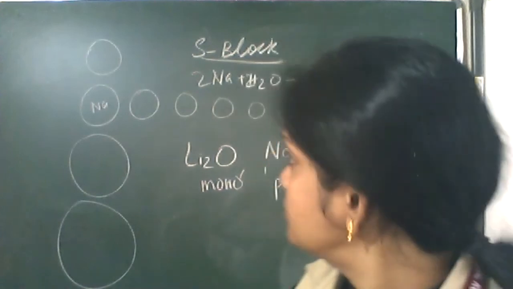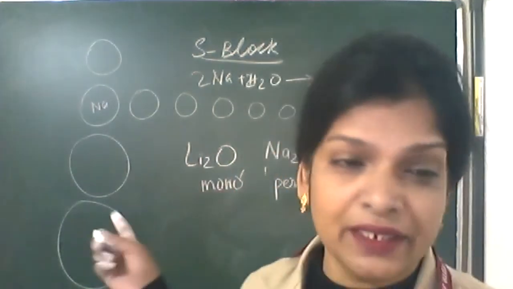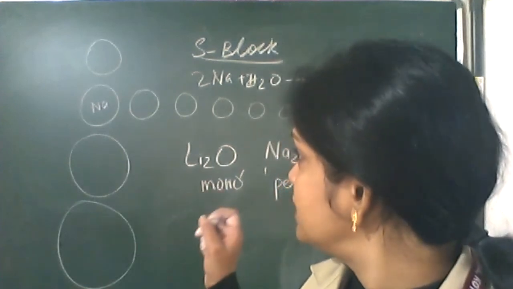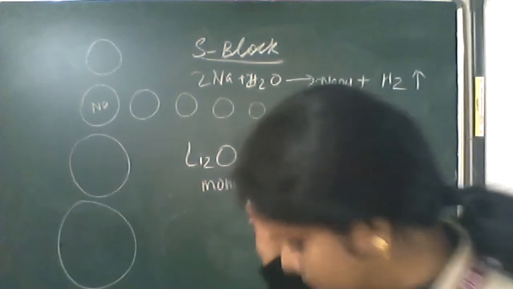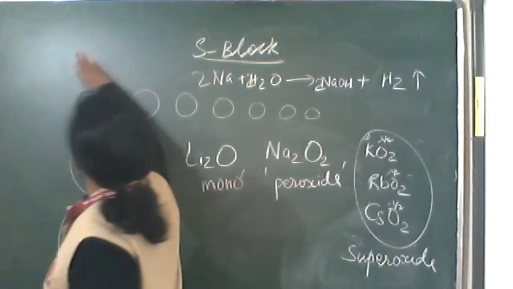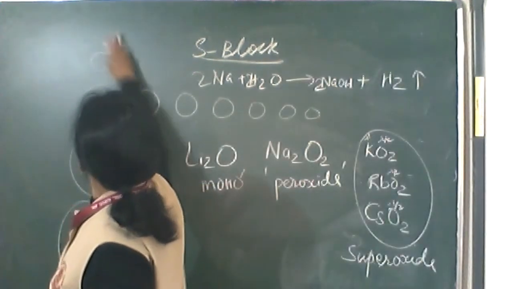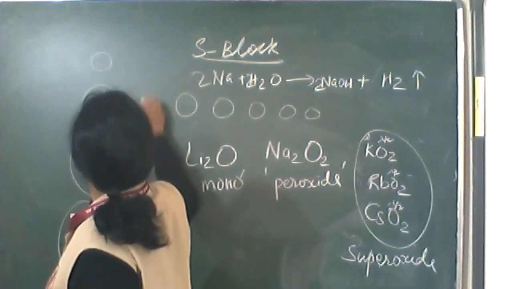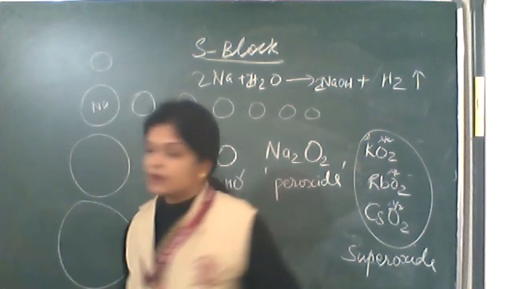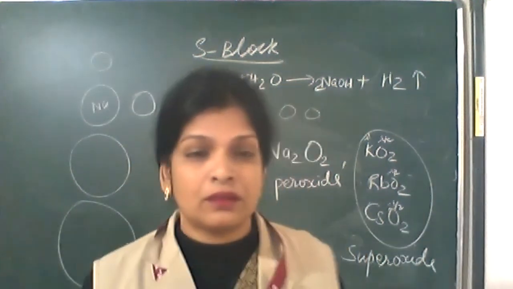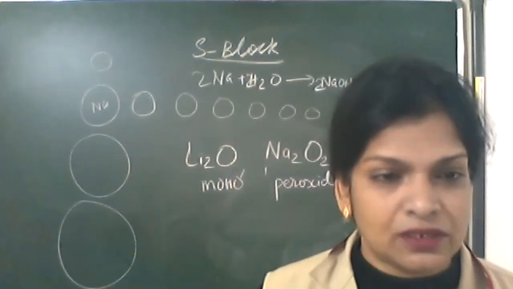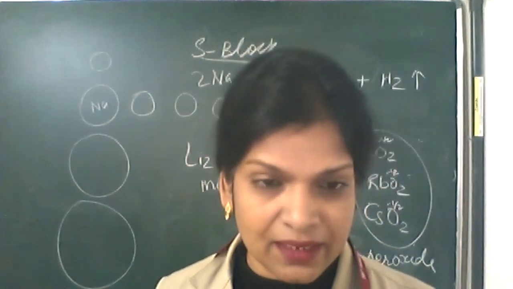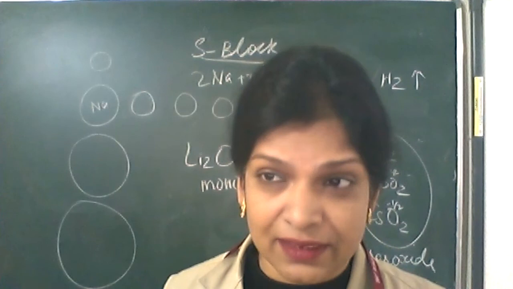But lithium, though its E0 value is the highest, minus 3.05 volt, has a small size, so it gets hydrated easily.